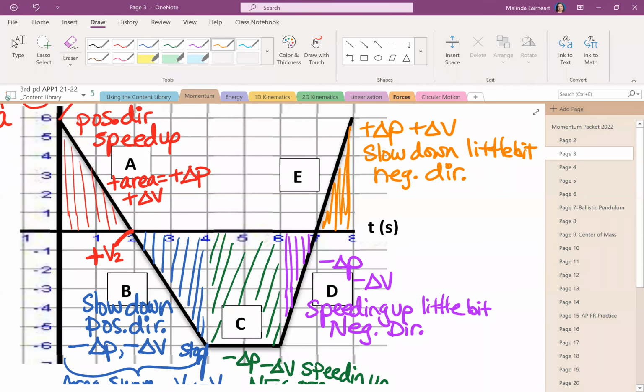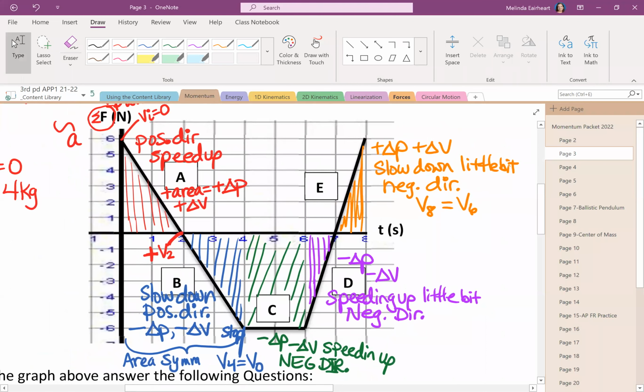Now, I hinted, you don't cancel the whole thing. E will cancel D. And so what that tells us is the velocity at 8 seconds will return to the velocity at the beginning of the symmetry, 6 seconds. We don't know that number, but that symmetry returns you to the velocity before the symmetry. Good deal?